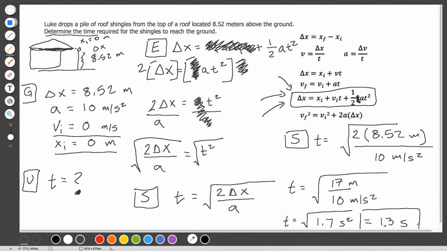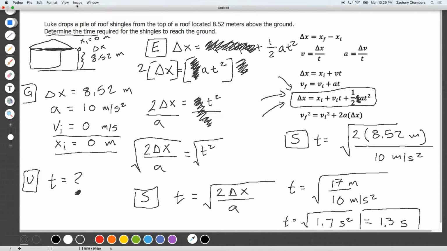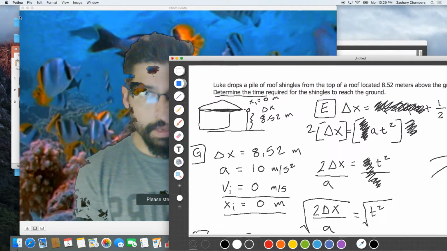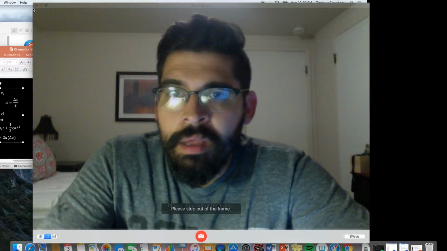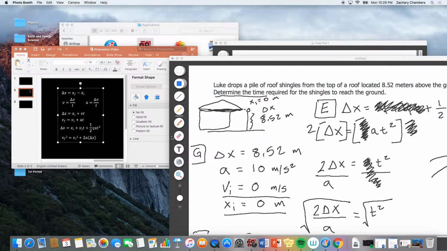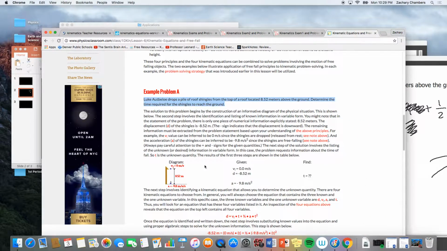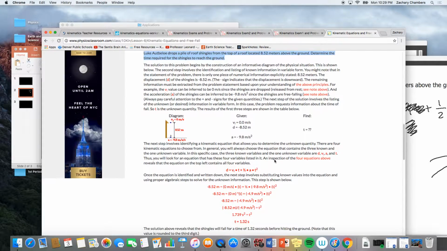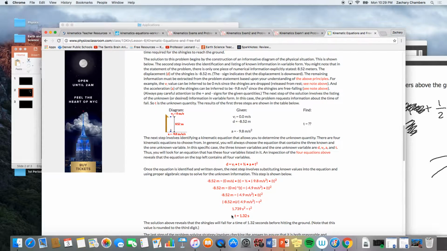So let's just check and see if that's correct. Alright, sorry about that. Okay, here's the problem. Let's see where the solution is. Okay, solution's right here. t equals 1.32.